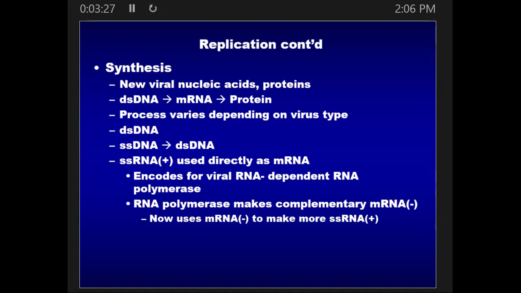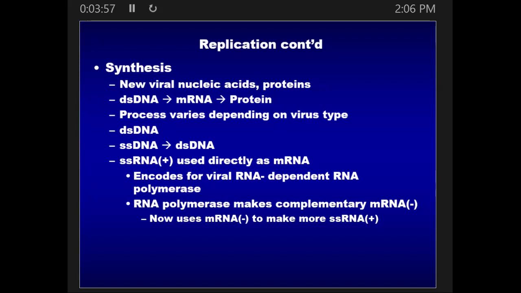So this step is good because, actually, what they do is they make this negative messenger RNA and then they make a bunch of positive RNA out of that. Right? So it's a way for them to make sure that they have plenty of that single-stranded RNA plus nucleic acid made. They have to make more of that. They have to make a bunch of proteins.